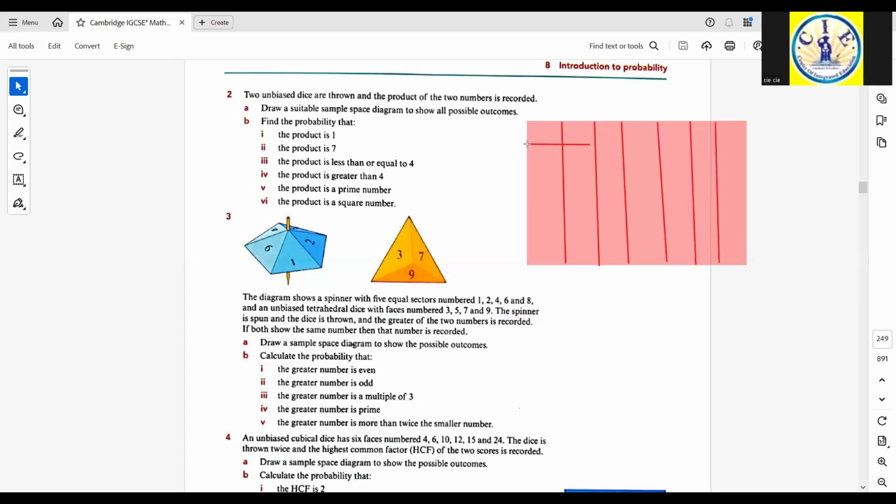Similarly, one for this, this. Okay, that actually means what? One would also be like this.